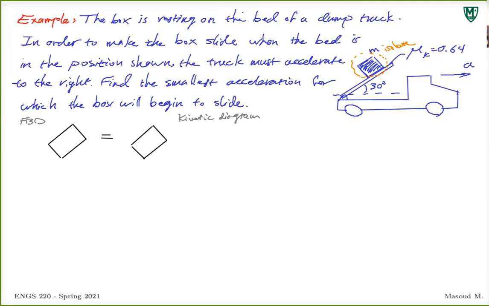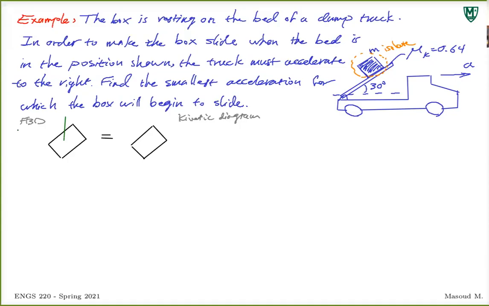Gravity, or weight, and friction. So gravity, or weight, is always downward. Friction, what is the direction of the friction? What is the motion of the box? Which direction is it supposed to move? Tell me what direction I should put the friction on the box.